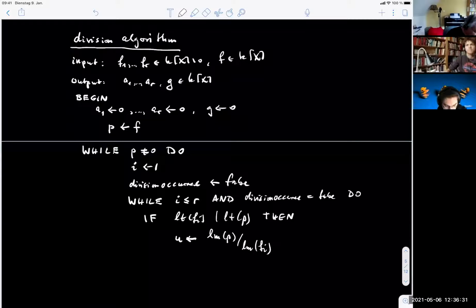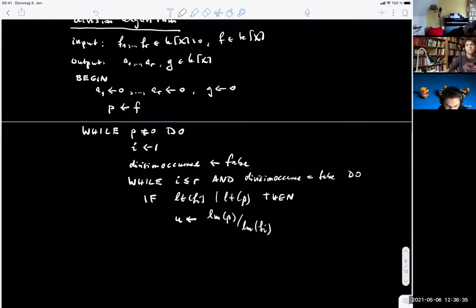This will be a monomial because I have the divisibility. Then I update Ai. The new Ai will be the old Ai plus U. And I subtract from the current P, U times Fi. So this is just a formal way of expressing what we do in this algorithm.